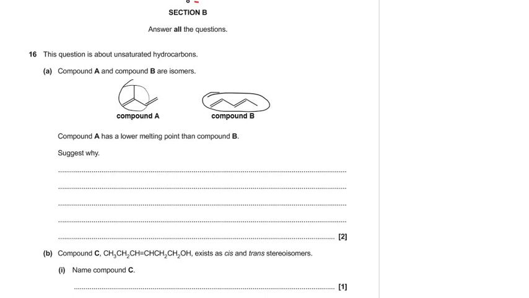Well, first things first, let's write out what we can see. So I'm immediately going to say that A is branched, so less points of contact. Now remember, surface area contact is really important for those London forces to act between molecules. So the more branched a substance is, or the shorter the chain of an alkane or alkene, then the less surface contact.